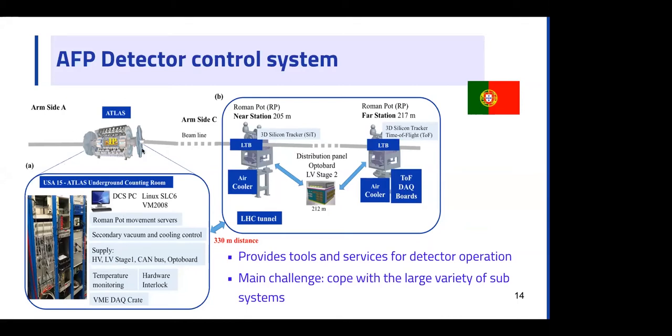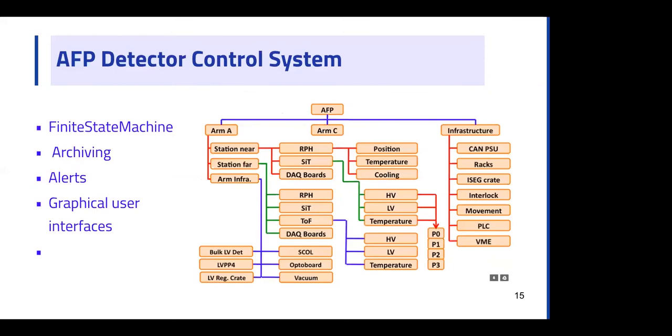They include the central part that is in the ATLAS cavern, and also the part that is 330 meters away. The detector control system is done with a finite state machine, like a tree of processes that have different states.